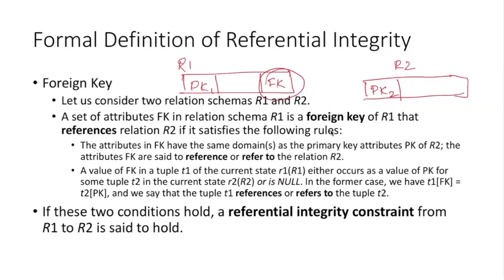So this is a foreign key which refers to this, if it satisfies two conditions. The first condition: the attributes in Fk have the same domain as the primary key attributes Pk of R2. So the domain of Fk in R1 should be the same as the domain of Pk2.